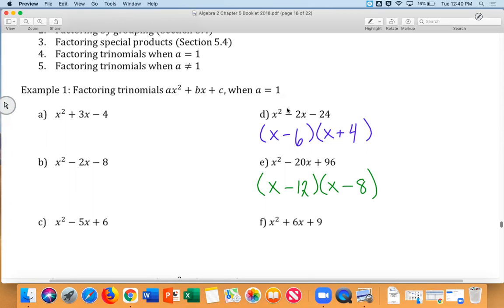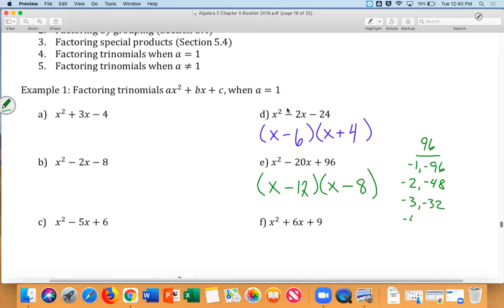Yeah, but remember, if you don't see it, this is how I do this. 96. I know they both have to be negative, right? Negative 1, negative 96. Negative 2, negative 48. Do you see how these numbers are getting closer and closer together? Watch, negative 3 and negative 32.